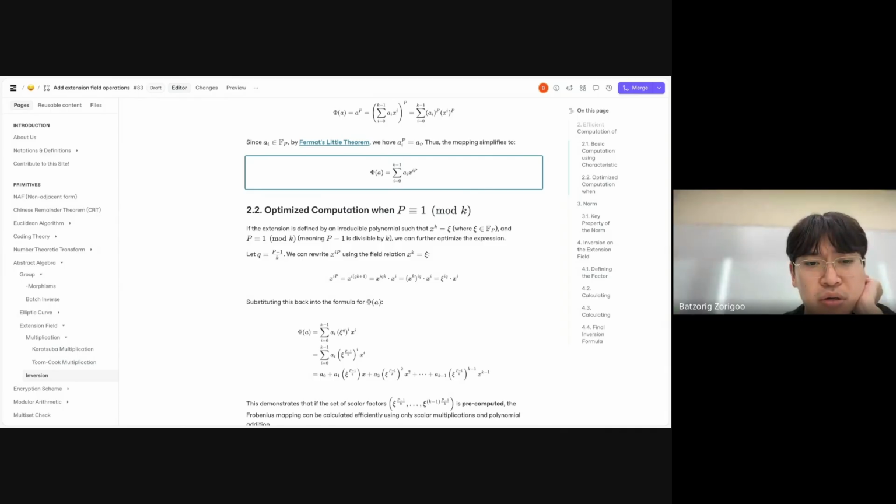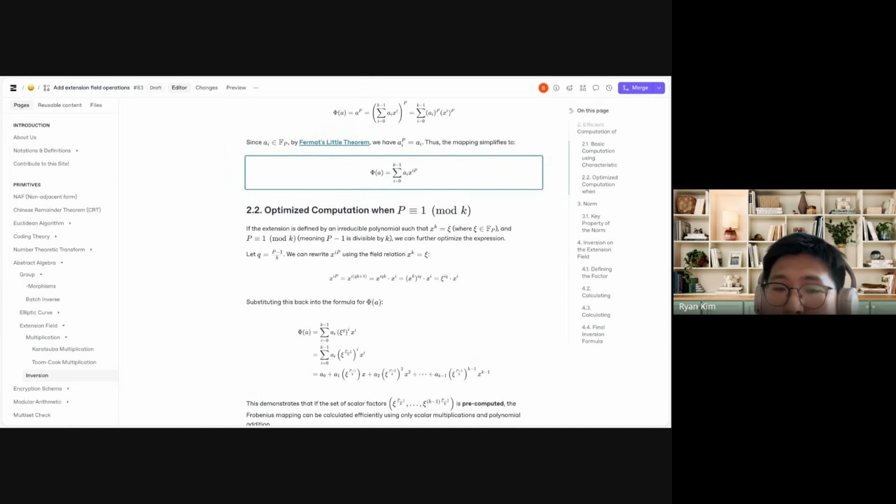So is P always 1 modulo k? Yeah, in most cases. For example, if k is 4, a quartic extension field, then p minus 1 is divisible by 4. Or for example, if k is 3, then it is divisible by 3.